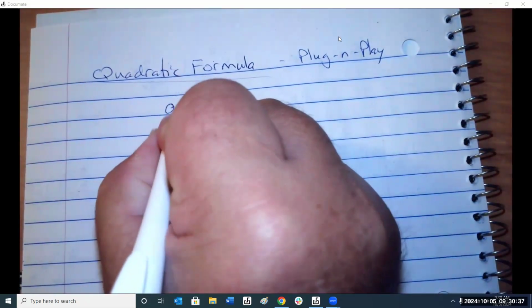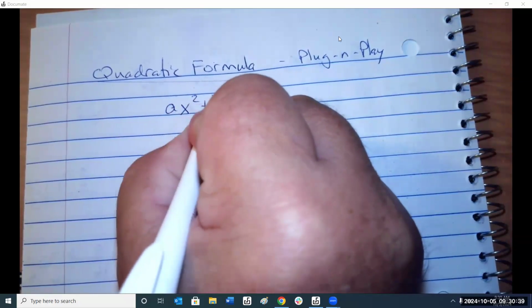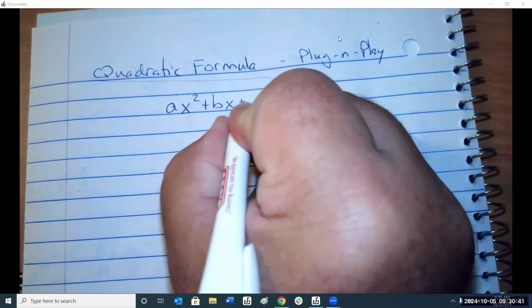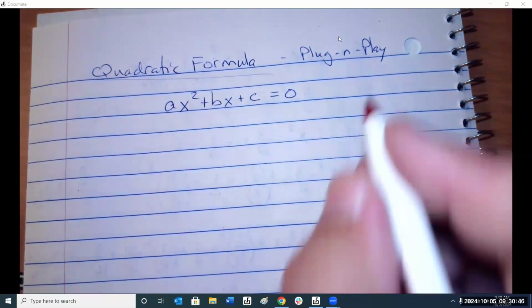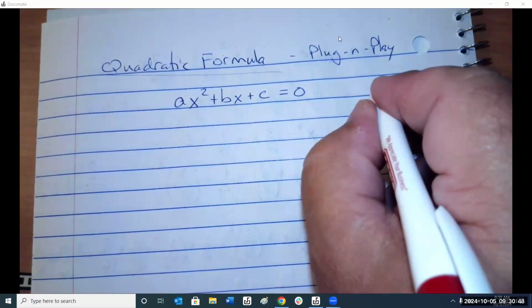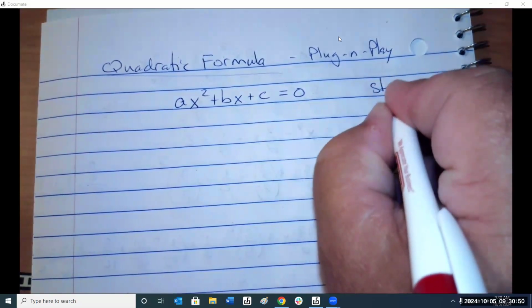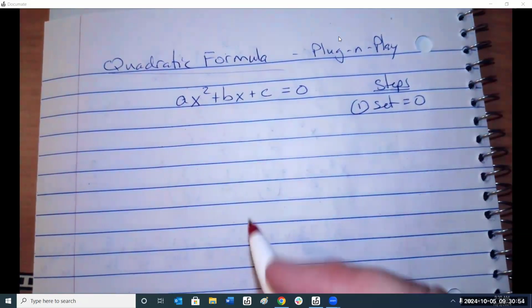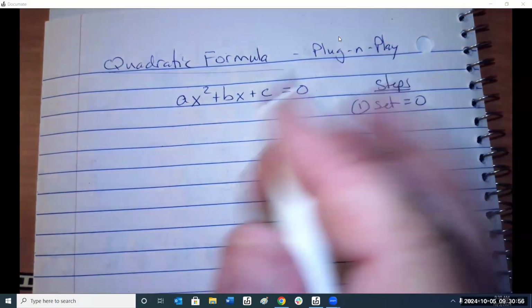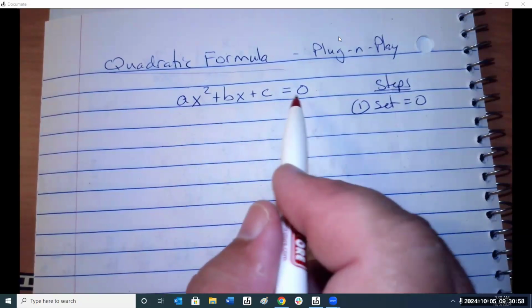So we have a quadratic equation. Set equals 0. Here are your steps. Set equals 0. And it doesn't matter what A is. There's no condition other than set equals 0.